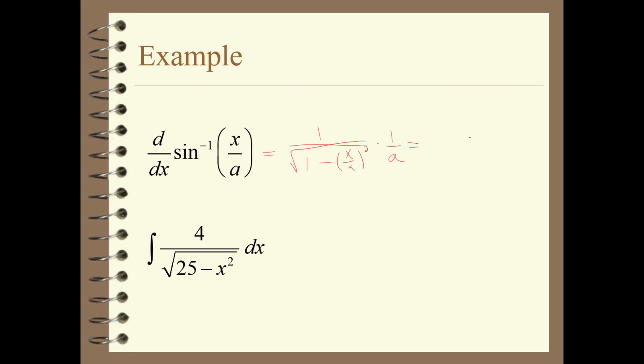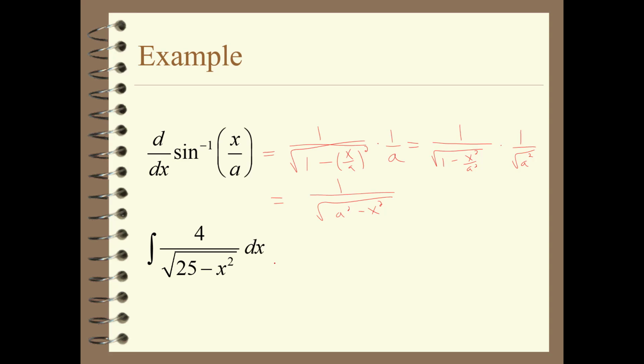But if I simplify that, that's 1 over the square root of 1 minus x squared over a squared times 1 over a. Let's assume a is positive right now. I can then write that as the square root of a squared. That means that I could then combine the square roots and get 1 over the square root of a squared minus x squared. So that's the derivative of the inverse sine of x over a.